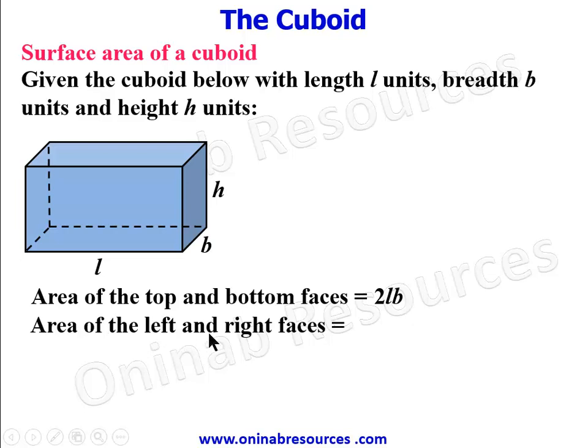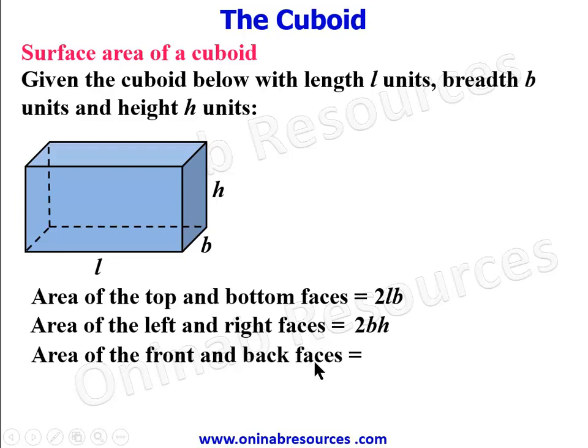And the area of the left and the right faces, this is the left face and this is the right face here. We have B times H, that is the area of the rectangle there. Then also this is B times H. So we have BH here plus BH here will give us 2BH, and the area of the front and the back faces, the front, that is the length and the height, and the length.